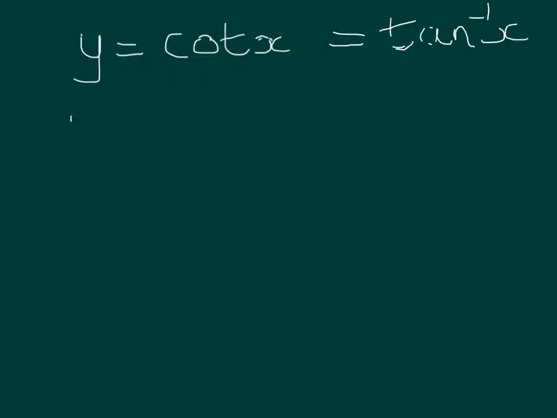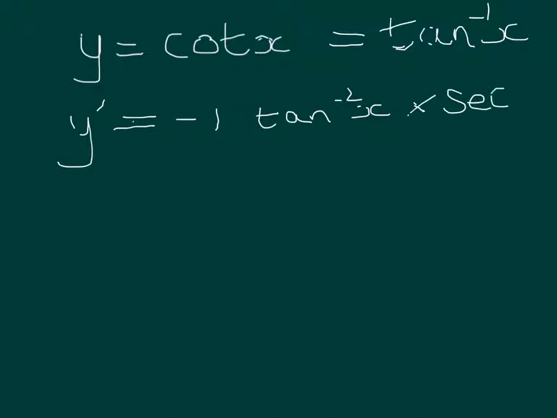So when I differentiate that, y dash will give me minus 1 tan to the minus 2 x, because I'm reducing the power by 1, multiplied by the differential of tan. Well, the differential of tan is sec squared from the previous video. So that's definitely one that needs to be committed to memory.